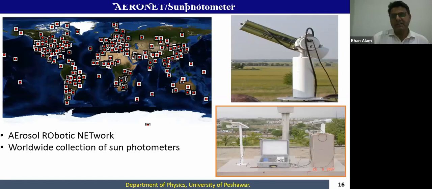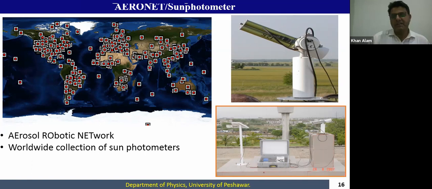AERONET basically is a project, a federation of ground-based remote sensing aerosol networks. It was established by NASA and PHOTONS. For the last 25 years, AERONET has provided global observations of aerosol optical properties and aerosol microphysical properties, and that can be used for research purposes and for air quality monitoring.